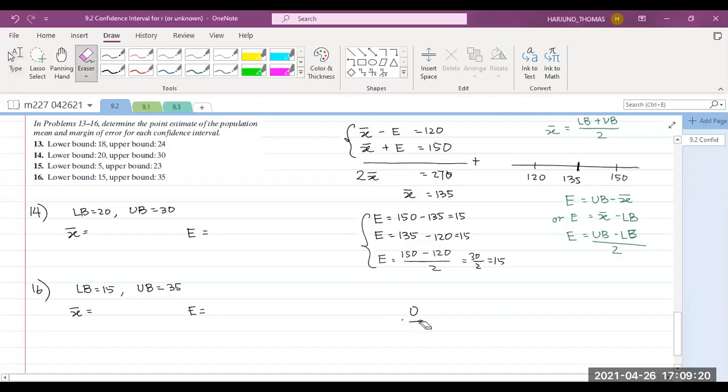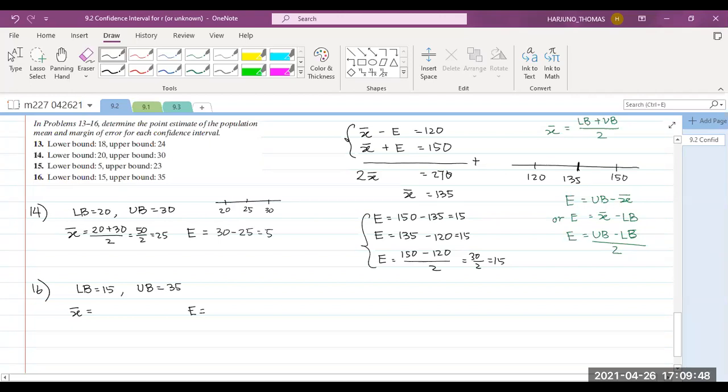Okay, let me start working on this. X bar is lower bound plus upper bound divided by 2. That's 50 over 2, that's 25. And you can see that this 25 is really the midpoint of the lower and upper bound, right? The margin of error is the upper bound minus the midpoint.